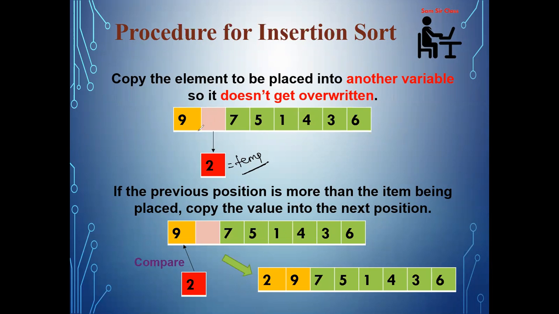This 2 will be compared with the left element, the element in the sorted section. Is 2 less than 9, true or false? Yes, true. That means this is not the correct position of 9. 9 should be shifted one position right, because it is present wrongly in the sorted section. So I am shifting this 9 one position to the right.